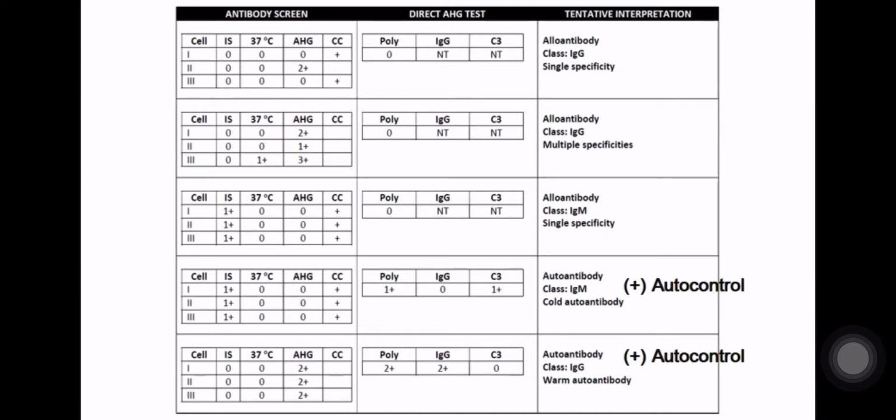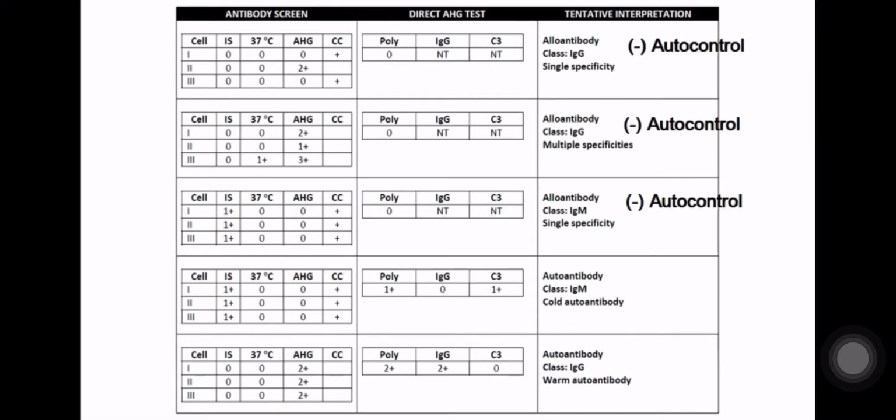Again, pag positive po yung autocontrol, it may indicate the presence of auto-antibodies or antibodies to medications. Or if the patient has been recently transfused, the positive autologous control may be caused po by alloantibody coating the donor RBCs. Now, pag a positive antibody screen naman po, tapos negative autocontrol, that indicates an alloantibody has been detected.